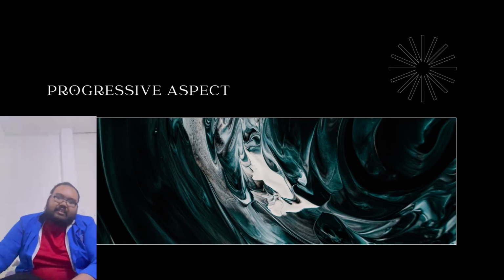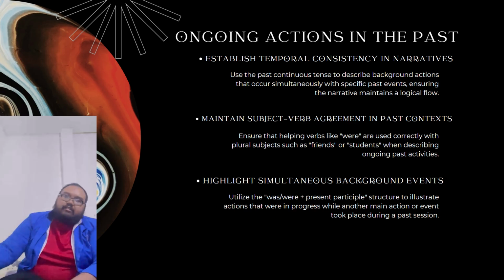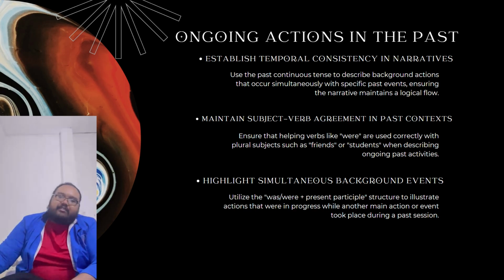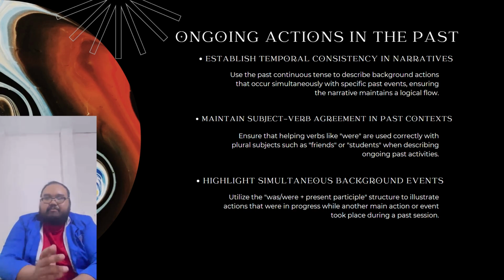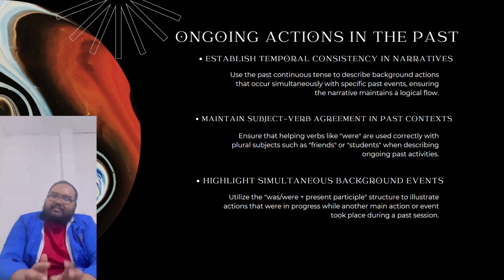Progressive aspect. Ongoing action in the past establishes temporal consistency in narrative. Use the past continuous tense to describe background actions that occur simultaneously with specific past events, ensuring that the narrative maintains a logical flow.